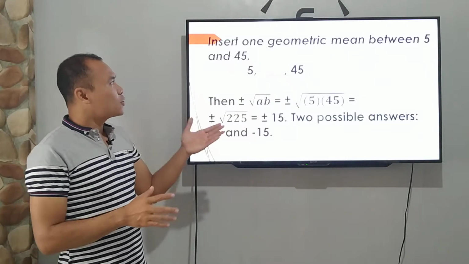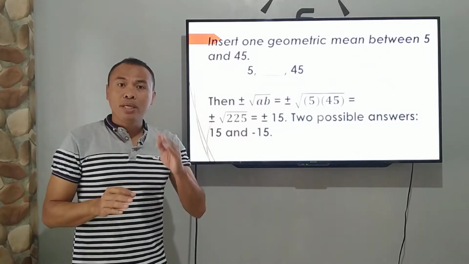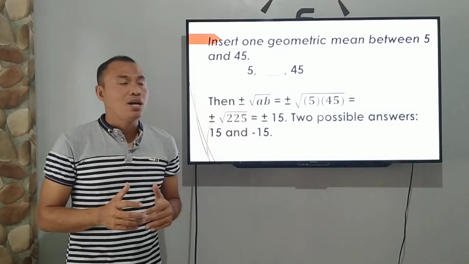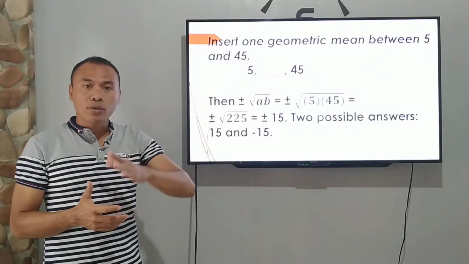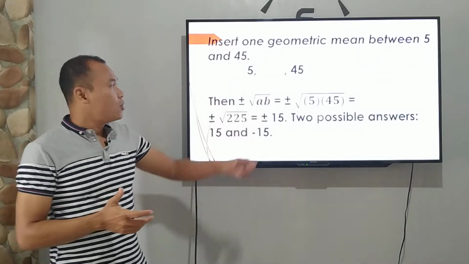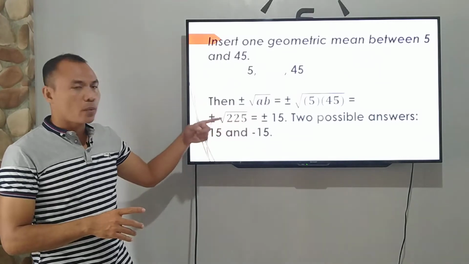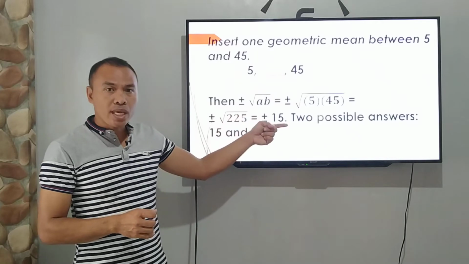Another one. Insert one geometric mean between 5 and 45. Again, mean. Pag tinutukoy natin ang mean, ibig sabihin, isa lang. So we have 5 and 45. You just multiply 5 and 45. Those are the extremes. So 5 times 45 is 225, right? And the square root of 225 is 15.